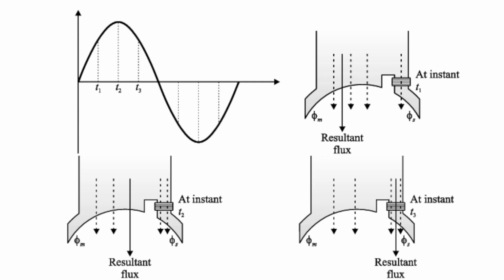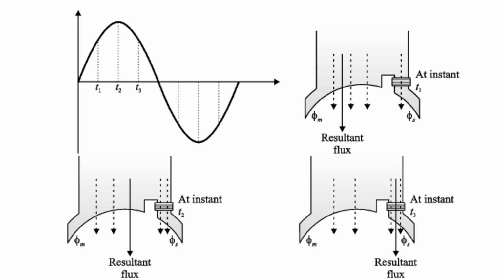At the instant t1, the current is increasing, as you can see from the figure. The induced EMF tries to oppose it, thus flux phi s and the resultant flux are in the unshaded part. At instant t2, current is almost constant, induced EMF and flux phi s are negligible. Resultant flux is almost at the center of the pole, thus it has shifted its position.